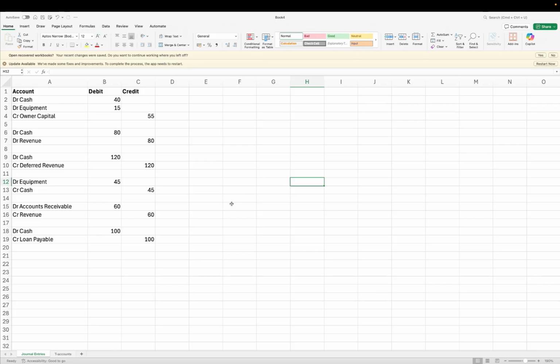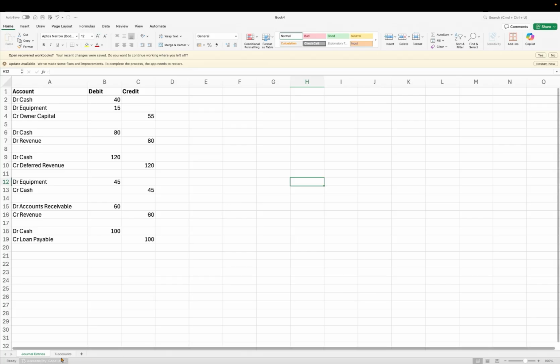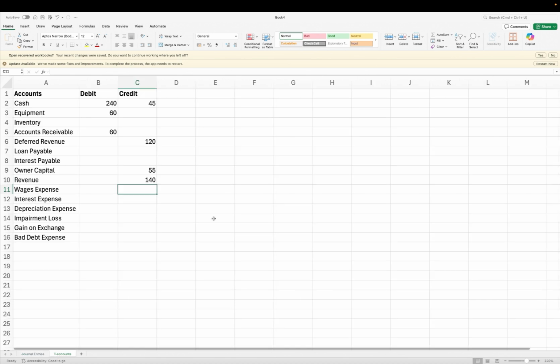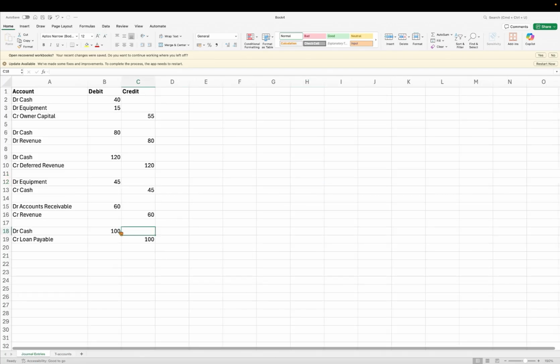So let's post the debit portion of the 6th transaction to the ledger. The journal entry shows a debit of 100, right, in cash.